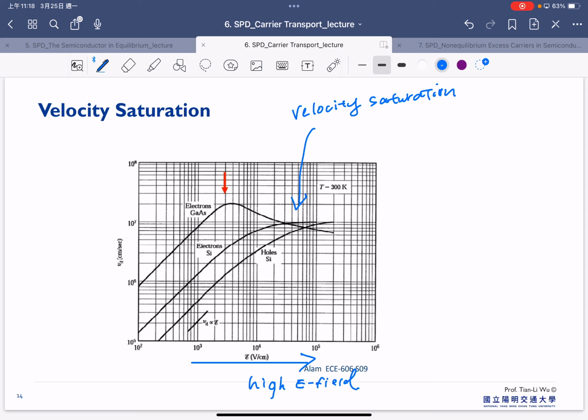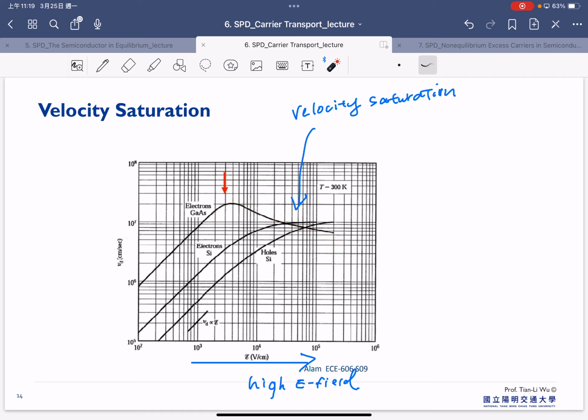For example, we have already mentioned gallium arsenide. This has a very high mobility. That's why people prefer to use it for, for example, mobile communication and high-speed communication. But this is only true in the low field case. In the case of high field, you can see gallium arsenide shows a decrease of the velocity saturation.